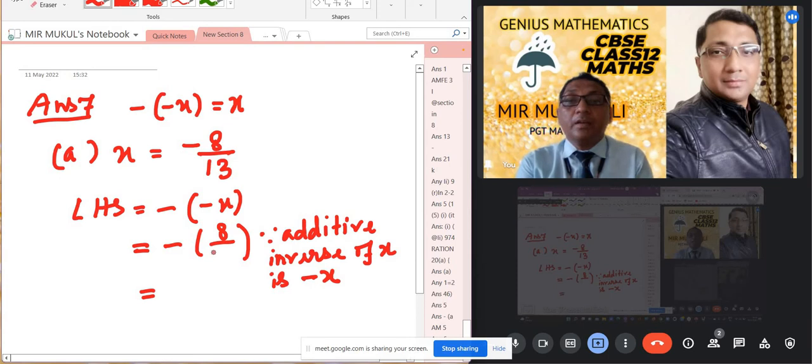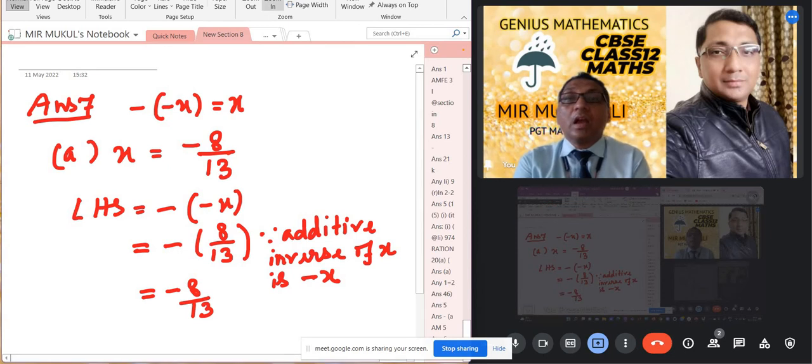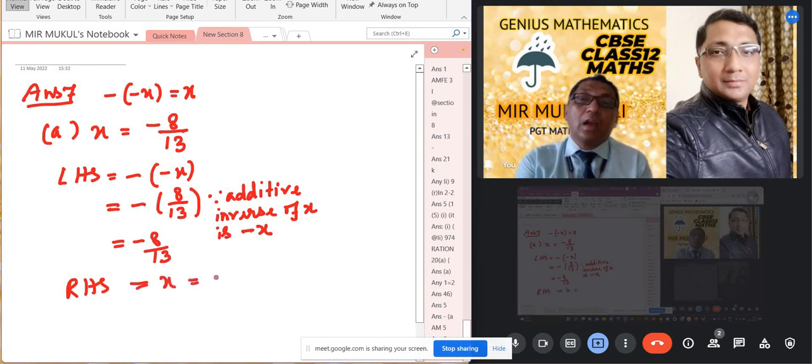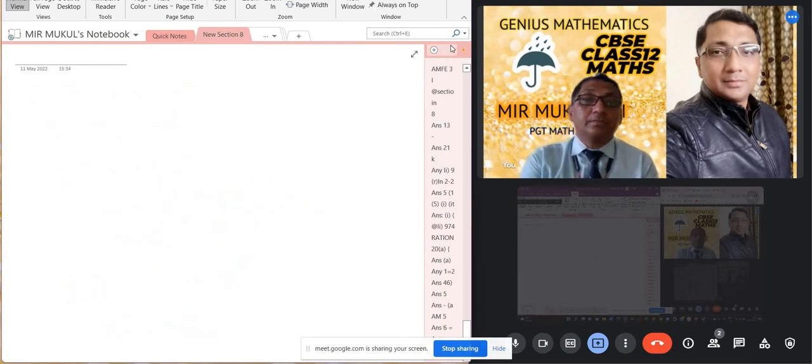So its additive inverse will be minus 8 by 13. This is LHS. And RHS equals x. And x is minus 8 by 13. So clearly LHS equals RHS. So verification done.